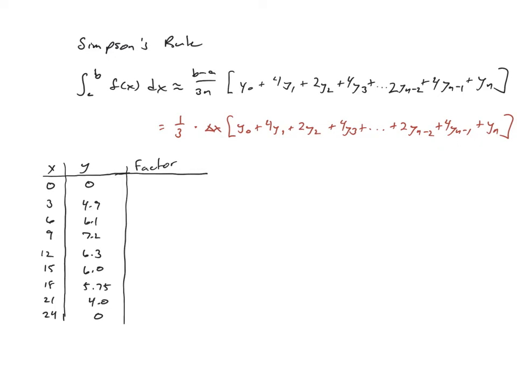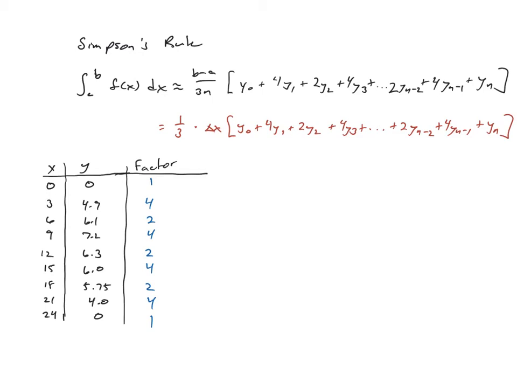So you'll know if you've set it up right as long as you have a 1, 4 at the beginning, and the very end is a 4 and a 1, and it's just alternating between. In this case, my factors are going to be 1, then 4, 2, 4, 2, 4, 2, 4, and 1.